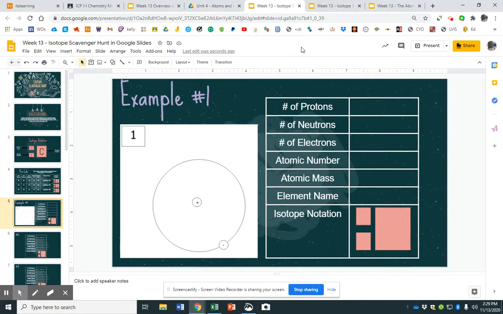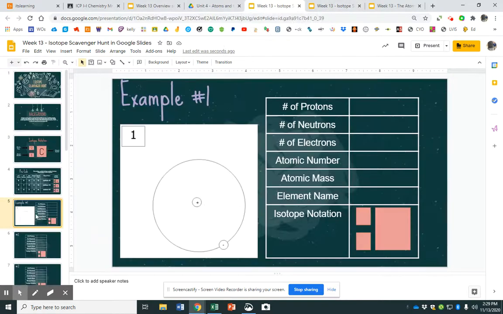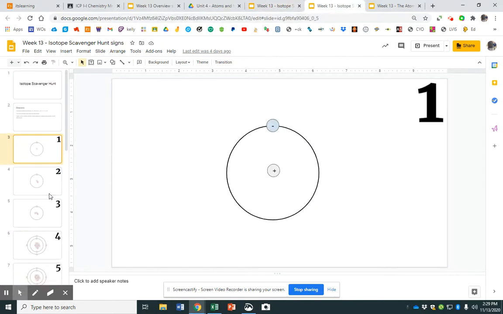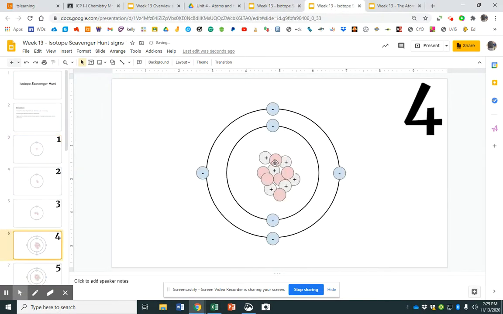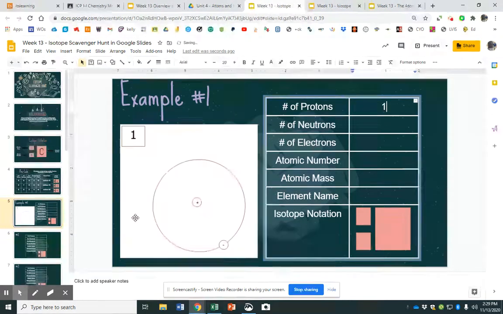You're going to get pictures that look like this. These pictures over here, number one, there's number one. I need you to be able to count the protons. Protons have a plus. Neutrons have nothing. For example, in this one, these red ones have nothing in them. Those are neutrons. So there's 1 proton and 0 neutrons.